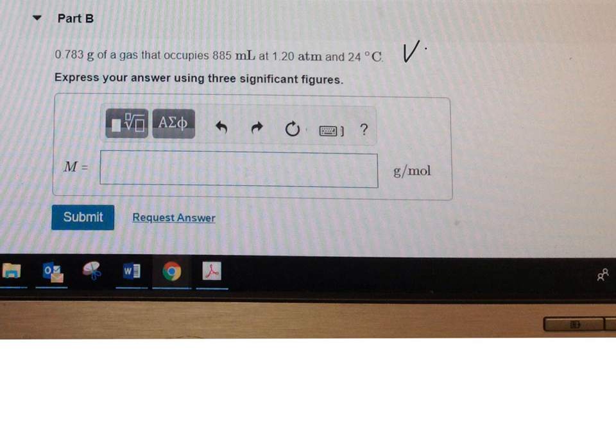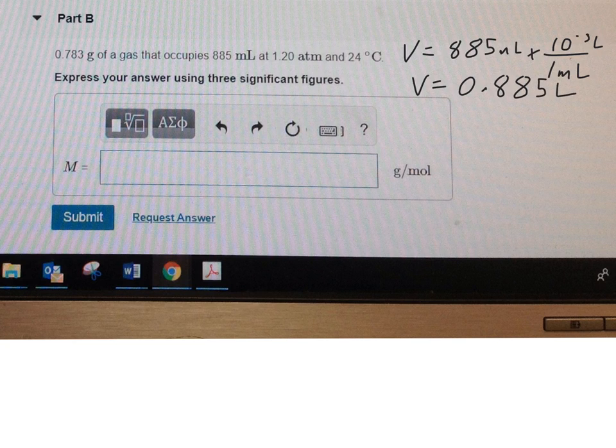So we've got a volume this time of 885 milliliters. So to use PV = nRT, we're going to have to convert to liters. So our volume is going to be 0.885 liters.